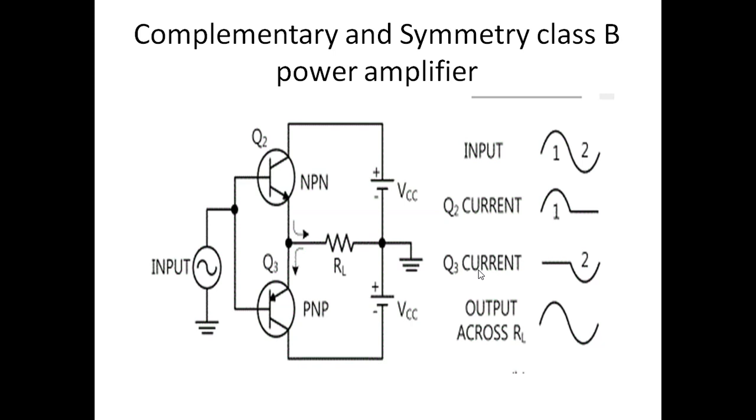Of course, the advantage of the transformer coupled push pull class B amplifier is that it provides excellent impedance matching. But whereas the disadvantages are more, therefore we go for the next one, that is the complementary and symmetry class B power amplifier, which is shown here.